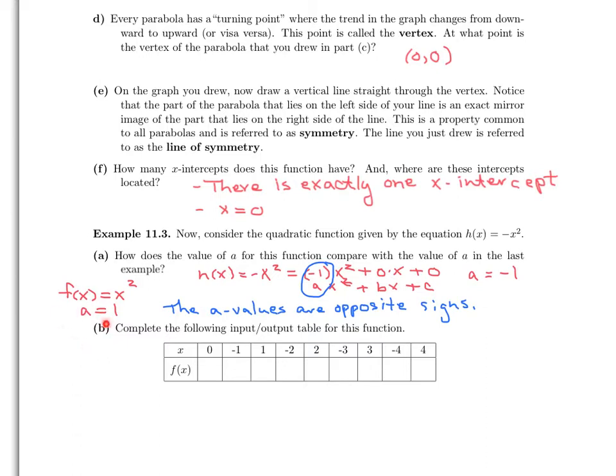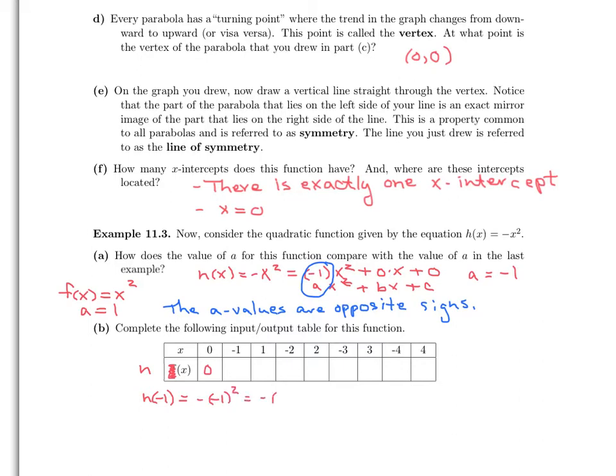Let's look at part B. Complete the following input-output table for this function. First of all, there's a little mistake here. This should be h at x, not f at x. Okay, so we want to substitute 0 into this function, and when we do that we will get an output of 0. Next we substitute -1 into the function. The function squares -1 and then negates it.